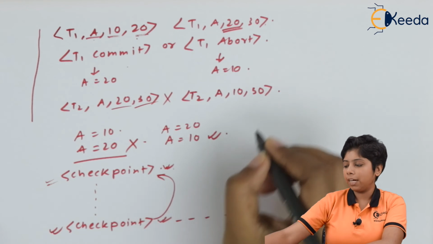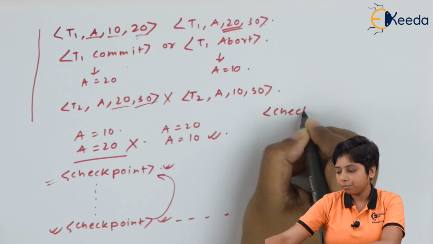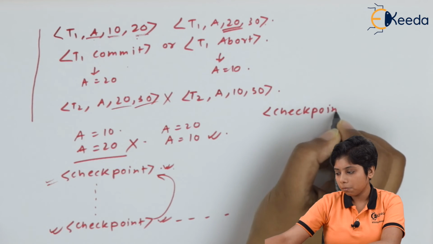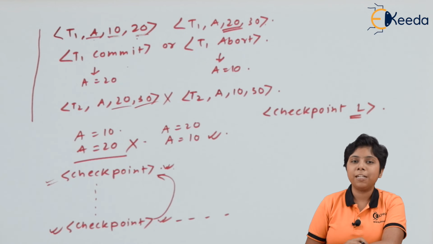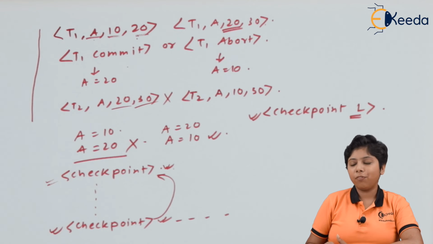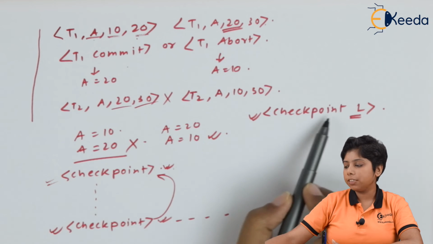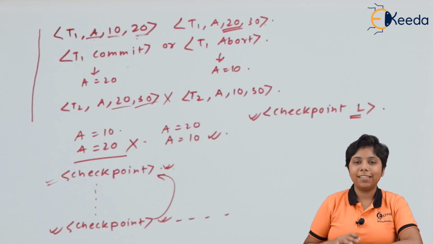So now we need a checkpoint list L, which is considered to be the list of the active transactions at the most recent checkpoint with the concurrent execution of the transactions. After we have made this fuzzy checkpoint and the checkpoint list L, we can restart our recovery technique.